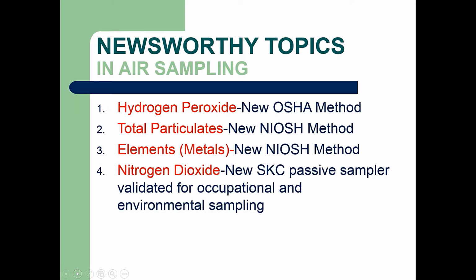One method is for total particulates and the other is for elements or metals. And finally, I will discuss a passive sampler for nitrogen dioxide validated by SKC research chemists for sampling at occupational or environmental levels.